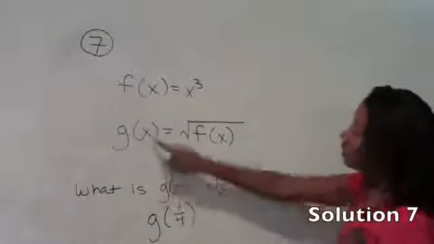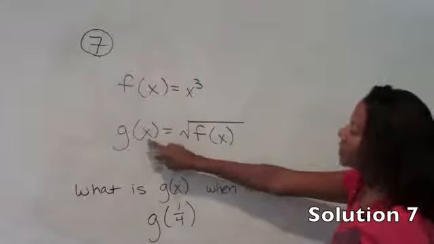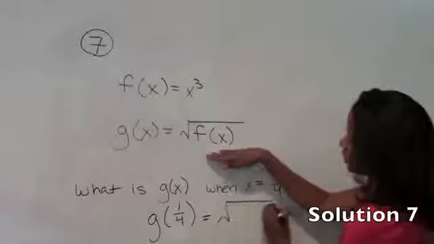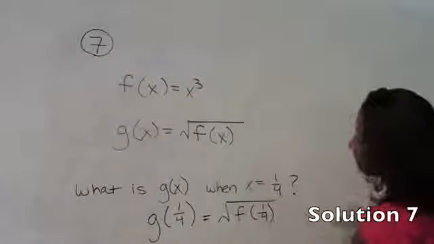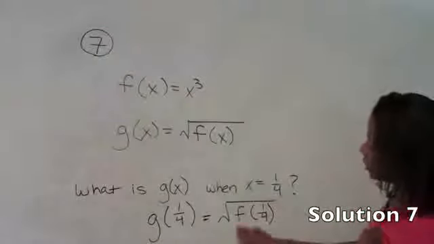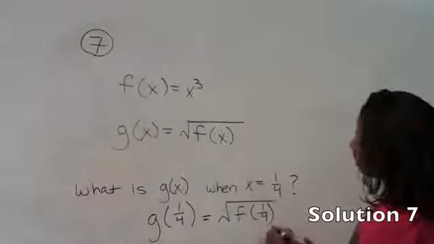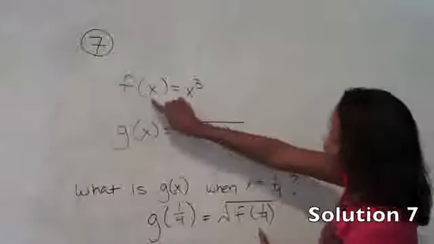So if we plug in a 1/4 here, that means we plug in 1/4 wherever we see an x across this line. So g of 1/4 is equal to the square root of f of 1/4. Perfect. Now all we have to do is figure out what f of 1/4 is. Well, 1/4 is also our input for function f. So we simply plug the 1/4 in here.